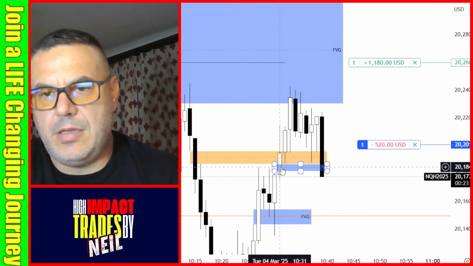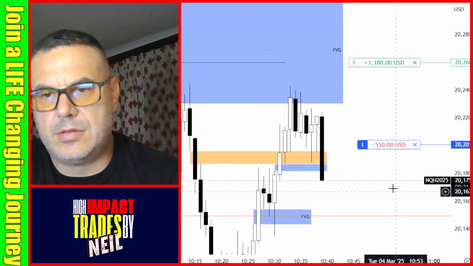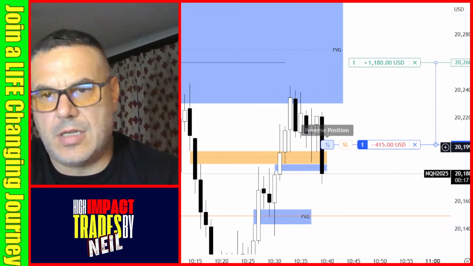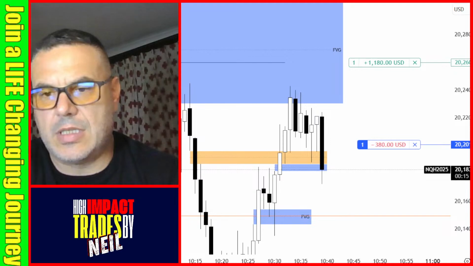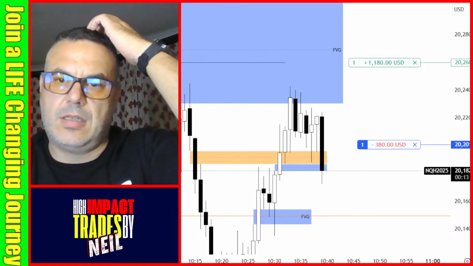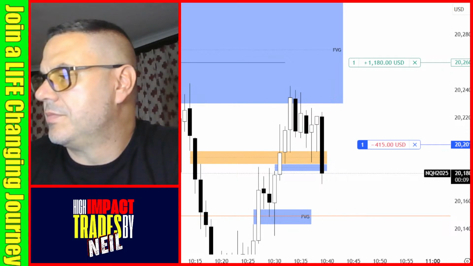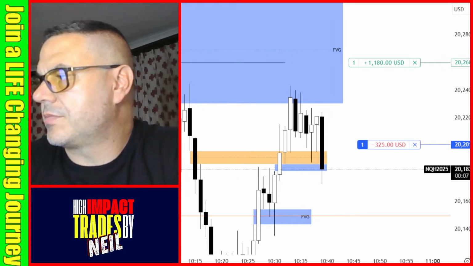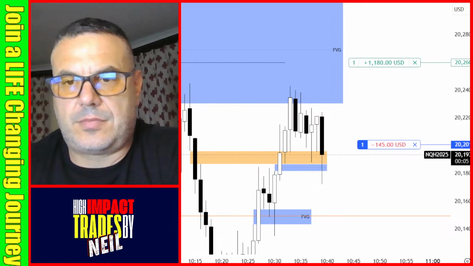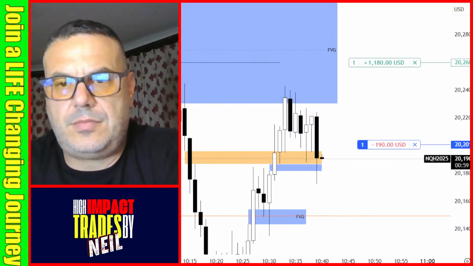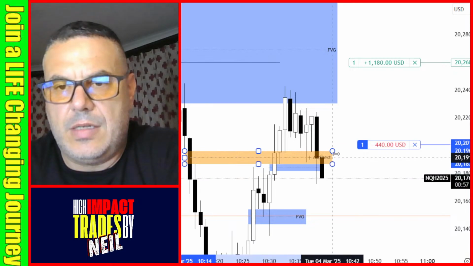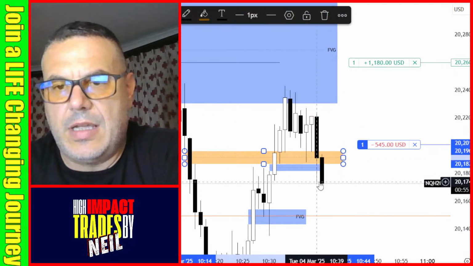Okay, so there we go, into that blue block. Now I want to see a rejection to close back in that orange block at least, and not close below this. Right now it would be good to see price going that way, not this way.